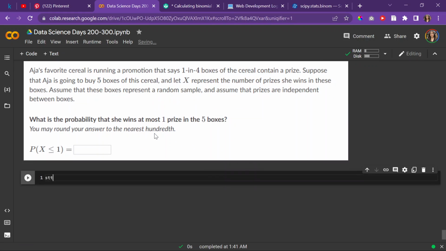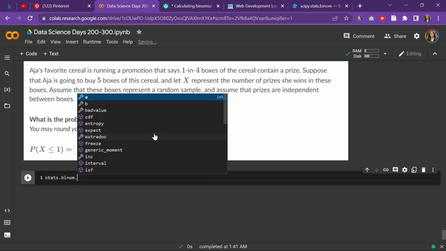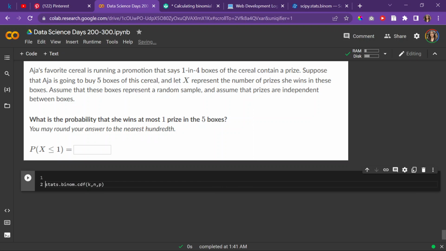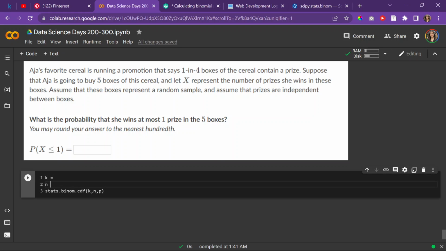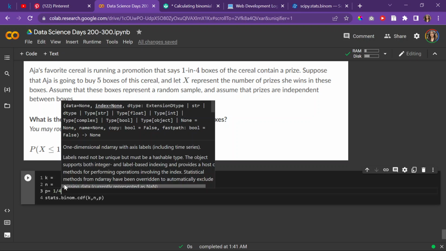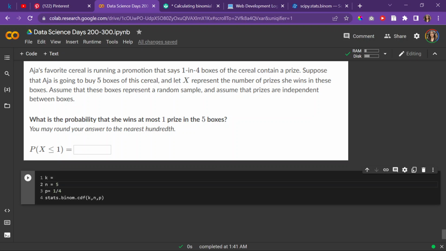Alright, so for this one, it's stats dot binom dot CDF, with k and p. I don't even know. P is equal to 1 over 4 because it's 1 in 4 boxes. Number of trials is 5. K is 1. Okay, when it's less than, we want to use logic, right?